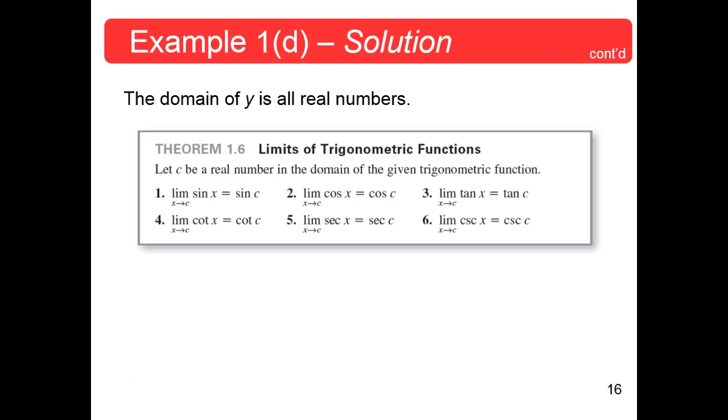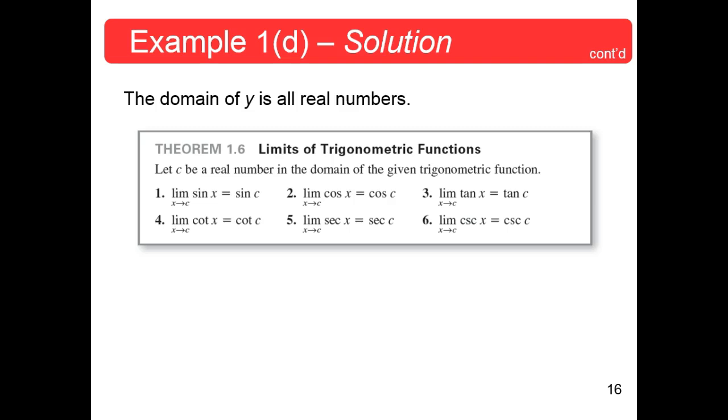1.6 we did last time before we did the limit of sine x as x approaches c is sine c. That's good everywhere. As is cosine. Tangent, where is tangent not defined? Anyone remember? Oh, no, it's defined at 0.